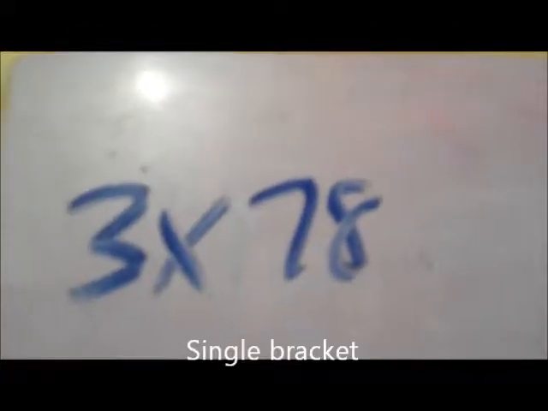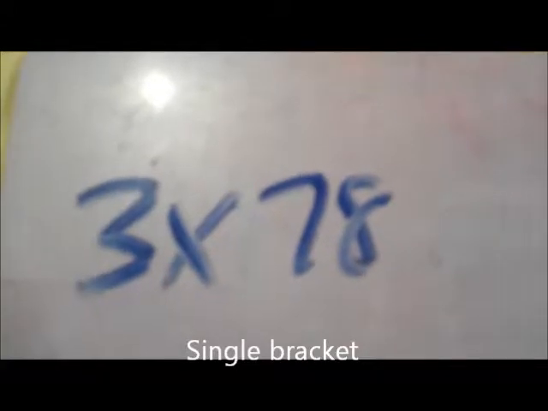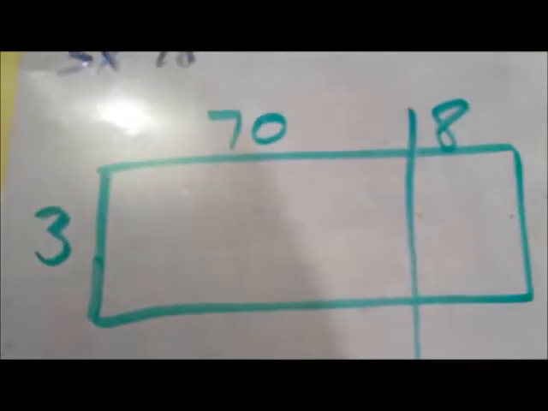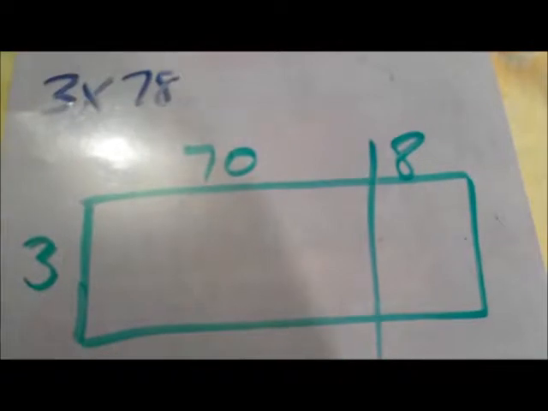So we're going to continue on with algebra. I'm just going to do a quick bit of revision. If I said to you 3 lots of 78, and if I asked you to do that without a calculator, the easiest way I know to do that is to go 3 lots of 70 plus 3 lots of 8.